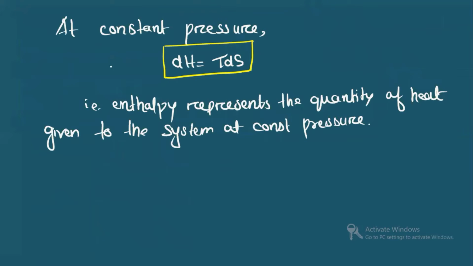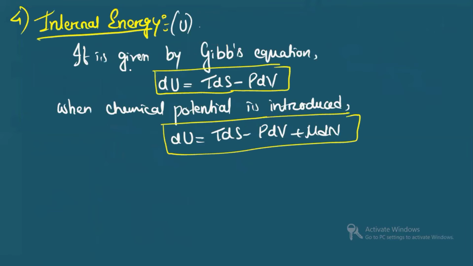Now you see, again it is said here, at constant pressure dH equals TdS. That means in this case the enthalpy represents the quantity of heat given to a system at constant pressure. All right. Next you see internal energy. Internal energy is denoted by U, and it can be given by the Gibbs equation: dU equals what? TdS minus PdV.